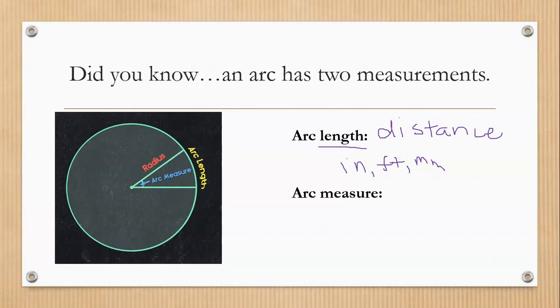But also, arcs have measures, and arc measures are measured in degrees. So we're talking about the degree measure here. See how it's pointing to that angle? Let me get an angle degree measure here that matches with the corresponding arc. So there's 2 measures that an arc has, the length given in distance and the measure given in degrees. These are just sort of the math terms that we use for those.